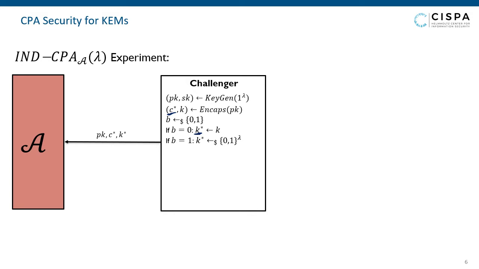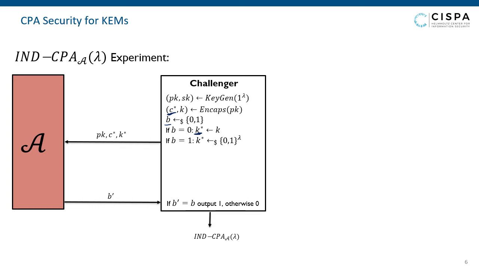Now it sends public key, challenge ciphertext, and challenge key to the adversary. And of course, the adversary now has to guess the challenge bit. It outputs a guess b prime. And if b prime equals b, where b is this challenge bit, we say the adversary wins, otherwise he loses.